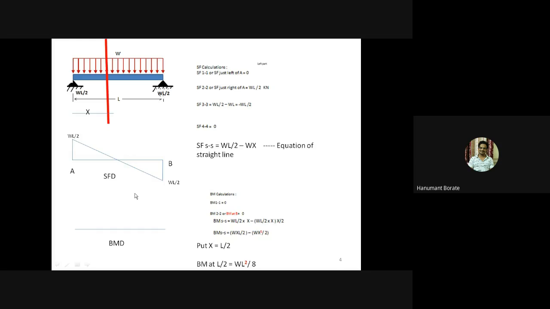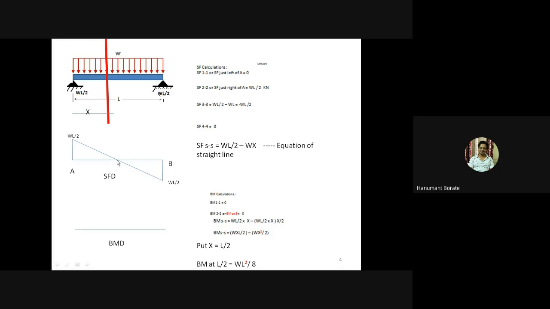But there is another critical point: whenever SF changes its sign from positive to negative, we also need to calculate bending moment because there is a drastic change at that point. So here this SF diagram changes its sign from positive to negative, and at this point we'll get the maximum bending moment, because here the shear force is 0.